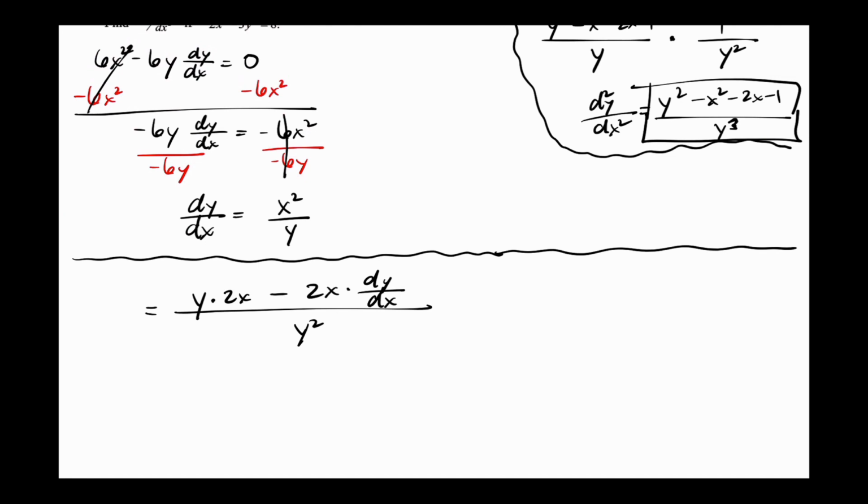Okay. Plug in first derivative. So I'm going to plug in. Those guys are going to switch spots. So I have 2xy minus 2x times x squared over y squared. Was it minus x squared?